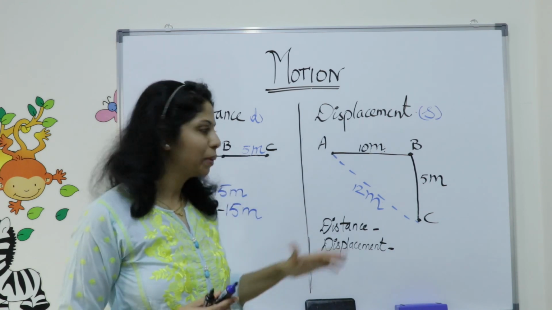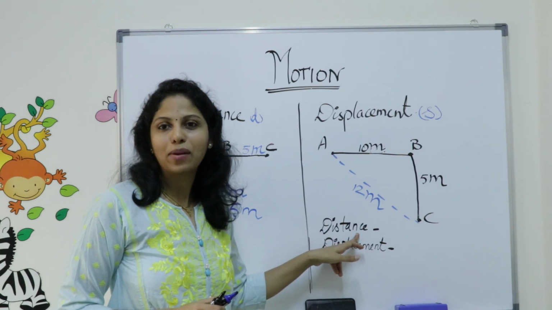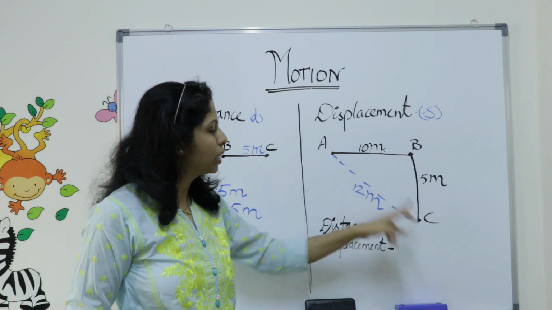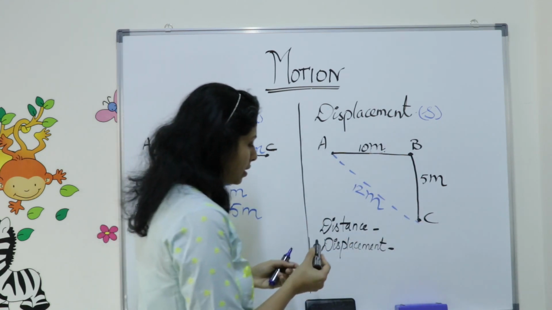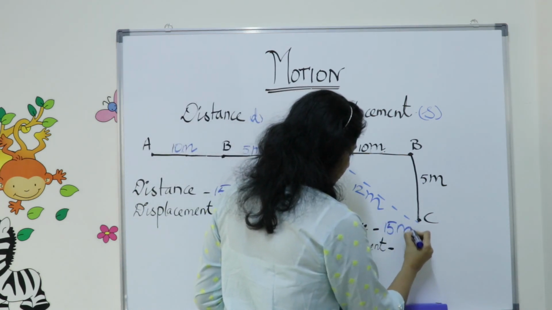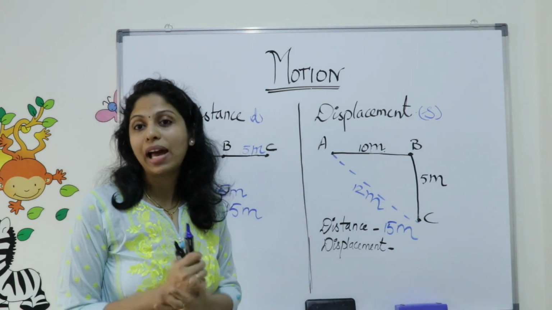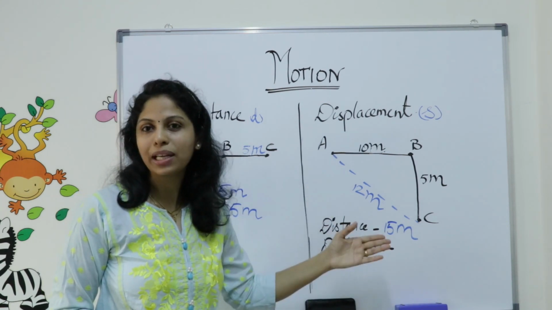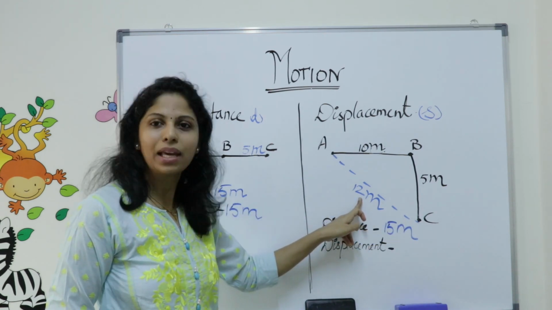Now let us get into the topic. What is the distance traveled by an object from point A to point C? The distance traveled by an object from point A to point C is 10 plus 5, that is 15 meters. But in this case, what is the value of displacement? By definition, it is the shortest distance from initial to final position, and the shortest distance is this one, and the value of displacement will be 12 meters.